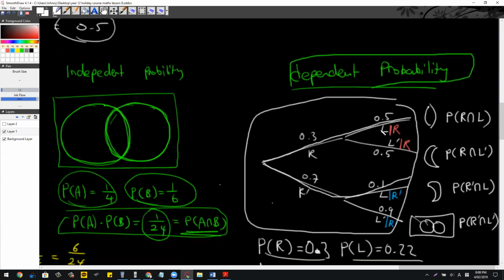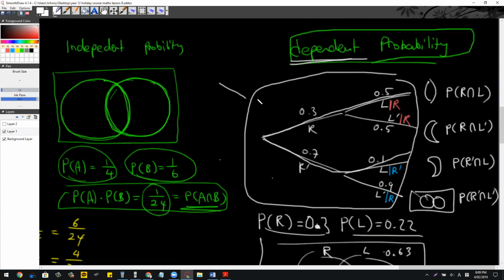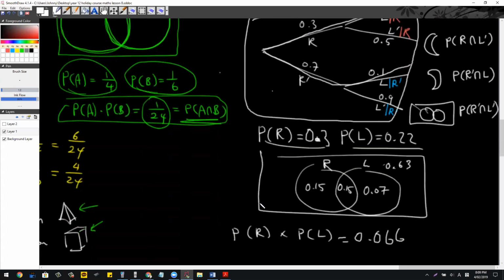Whether you're light or not light depends on whether it is raining or not. So it is a dependent probability. We can see that through the tree diagram, but we can also verify it using this rule: that times that is equal to this, which is not the same as the middle. This is the litmus test to figure out whether it is dependent or independent.